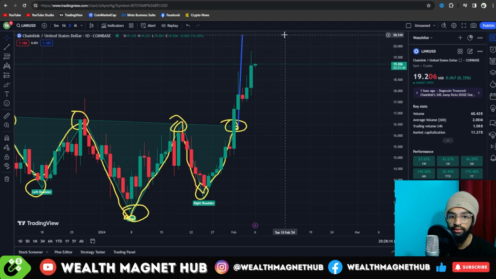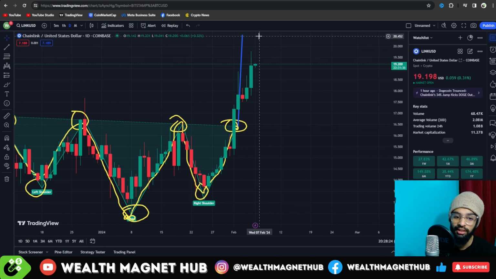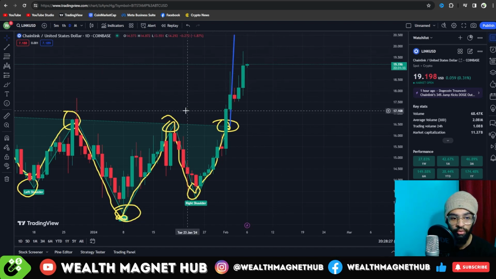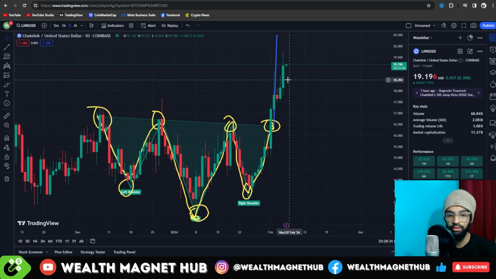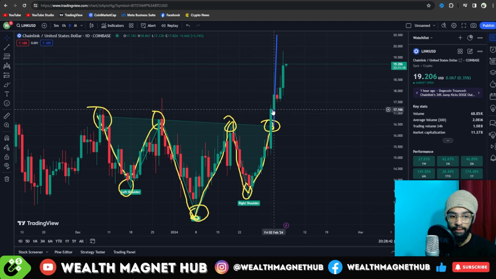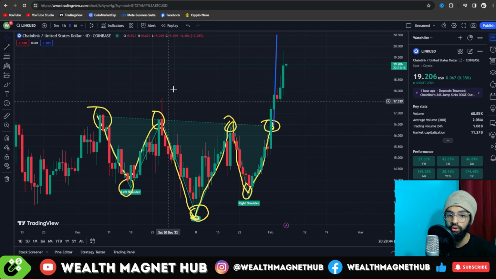We are possibly going to hit around $20.45, so basically around $20.50 could be our next price target around here, and that's what we could possibly see in Chainlink in the upcoming times if we keep seeing the bull run. Now this is again a confirmed breakout. We don't know if we are going to get a reversal yet, but our technical price target would be around that price range.